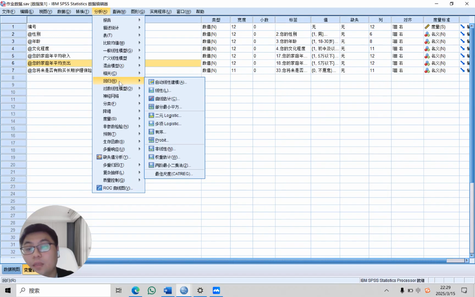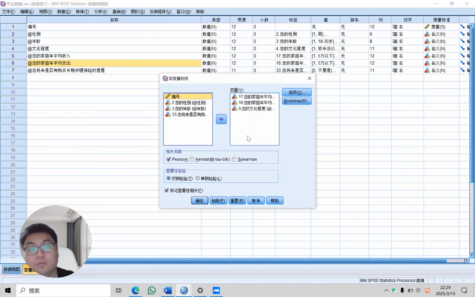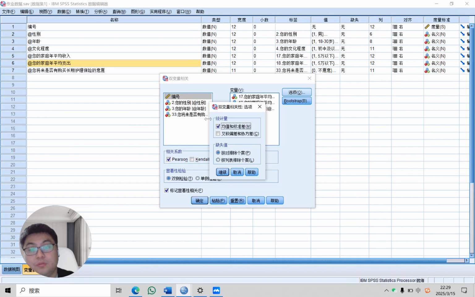Next, we will choose analysis, then correlation, and bivariate correlation. Then we will choose the variables. Select mean and standard deviation in this function.